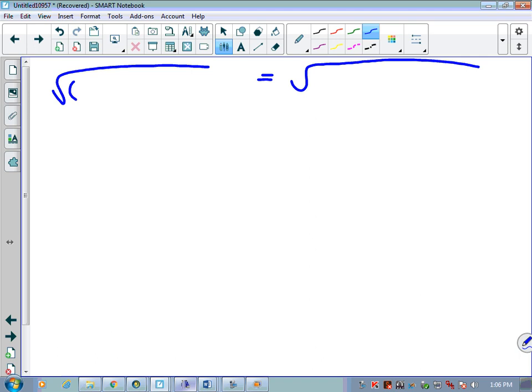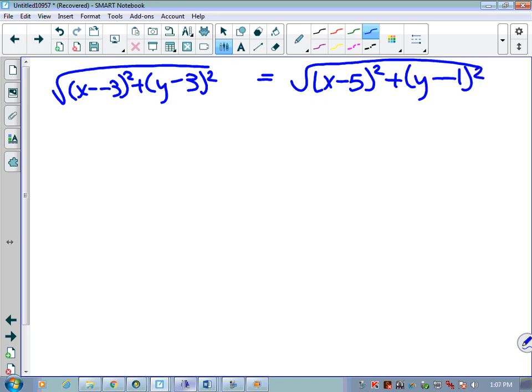So I'm starting off with x minus -3 squared plus y minus 3 squared equals x minus 5 squared plus y minus -1 squared. Now, the square roots really don't matter. They kind of cancel each other out. So as I move down, I'm going to be writing out the FOILed version of this. This is essentially x plus 3 squared.